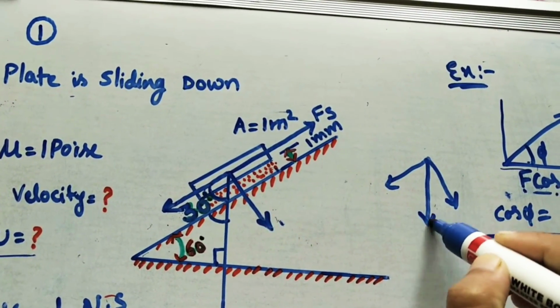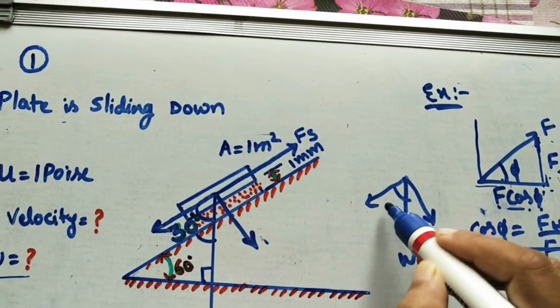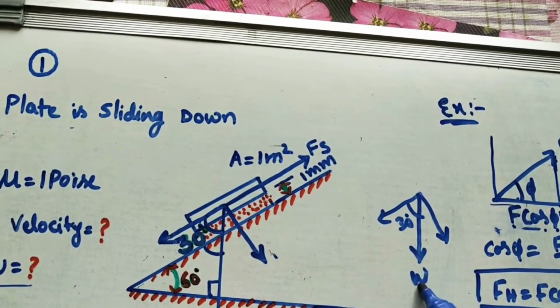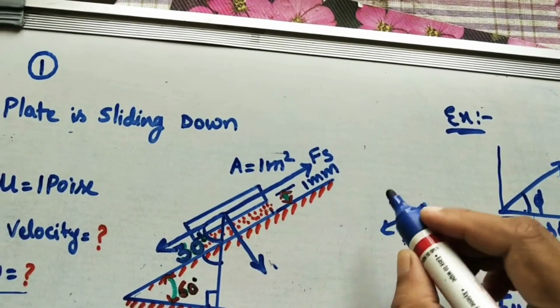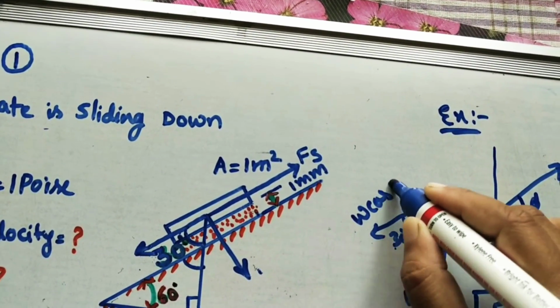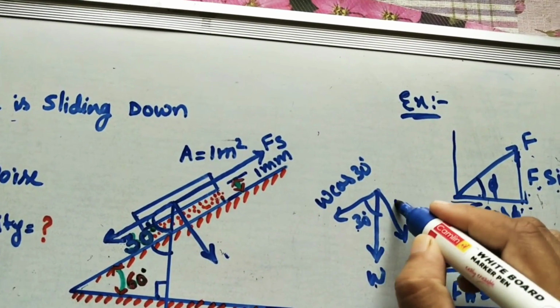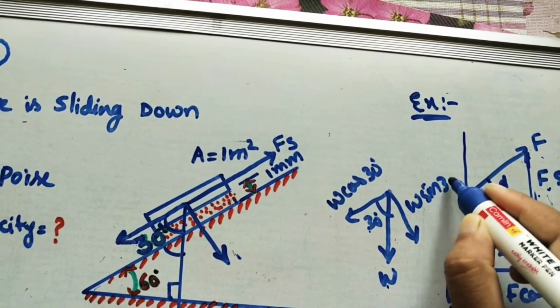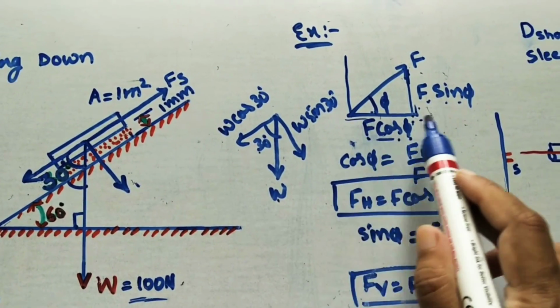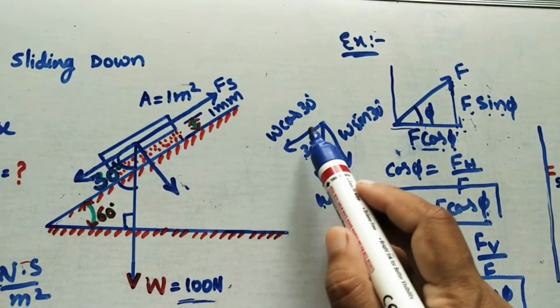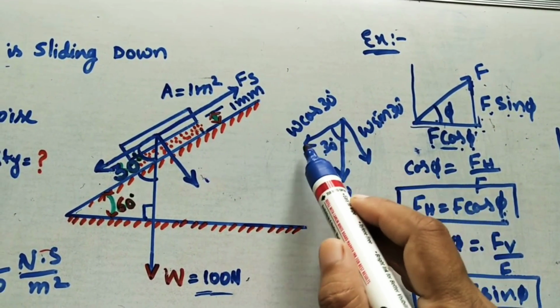This is the W. It is making some 30 degrees. So with the 30 degrees line, I am taking W cos 30 this side. With the vertical, I am taking W sin 30. Similar to this diagram. Here, the angle was with the horizontal, but here we are taking the angle with the inclined surface.